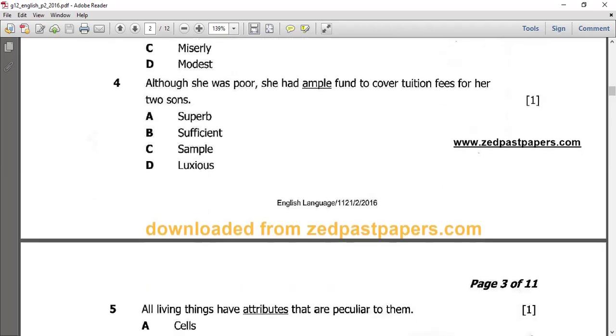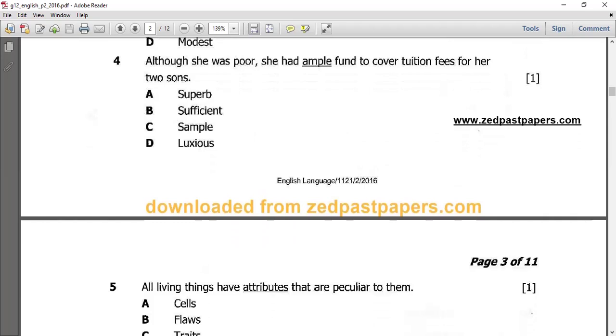Question 4 says, although she was poor, she had ample fund to cover tuition fees for her two sons. Is it superb? Superb describes something great, in short.